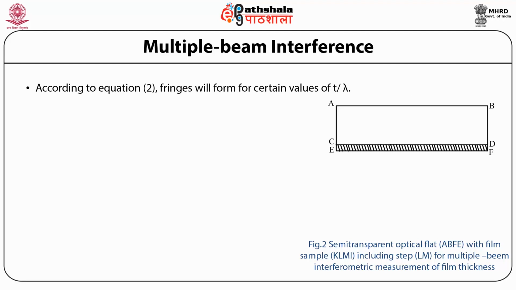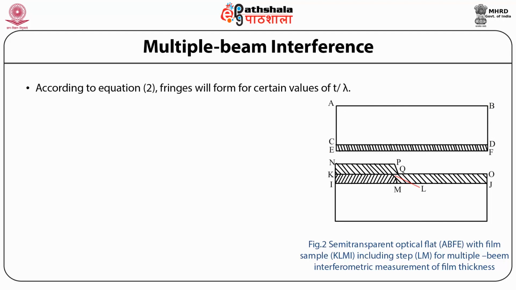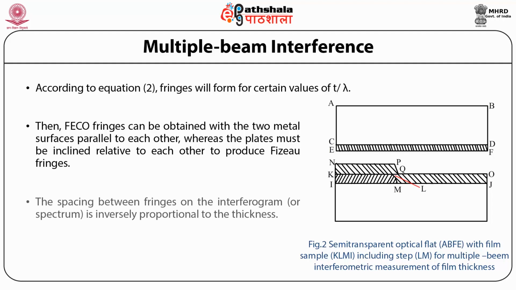According to equation 2, fringes will form for certain values of T by lambda. Then, FECO fringes can be obtained with the two metal surfaces parallel to each other, whereas the plates must be inclined relative to each other to produce Fizeau fringes. The spacing between the fringes on the interferogram or spectrum is inversely proportional to the thickness.